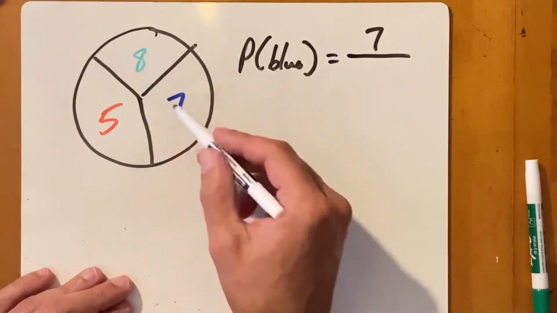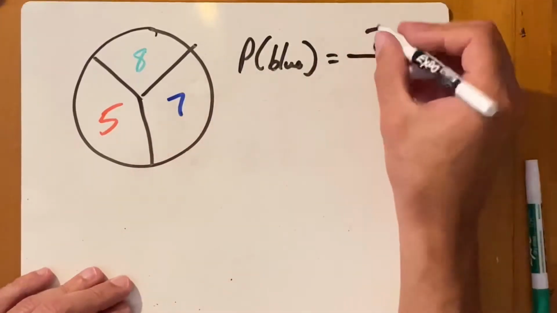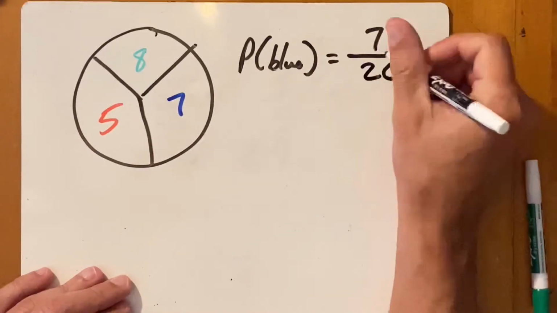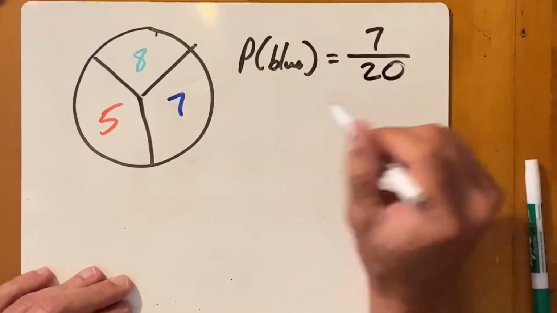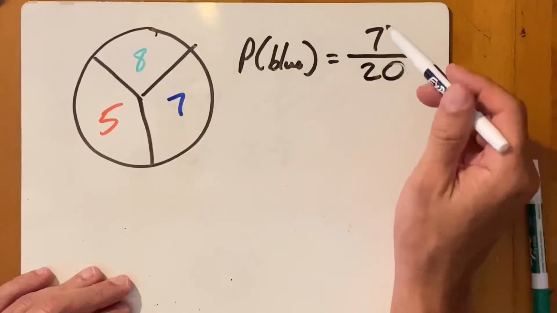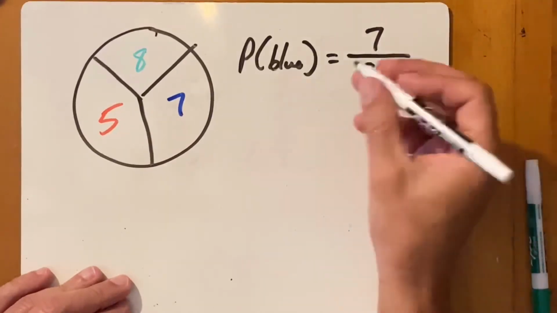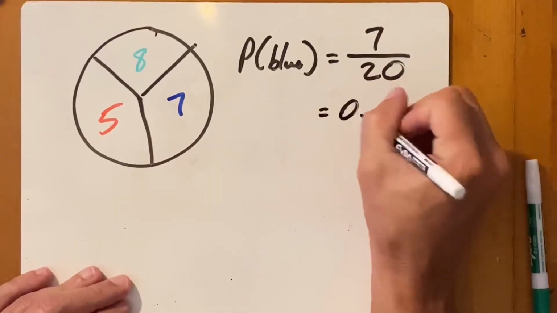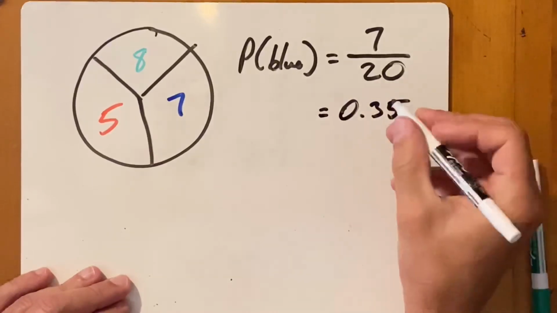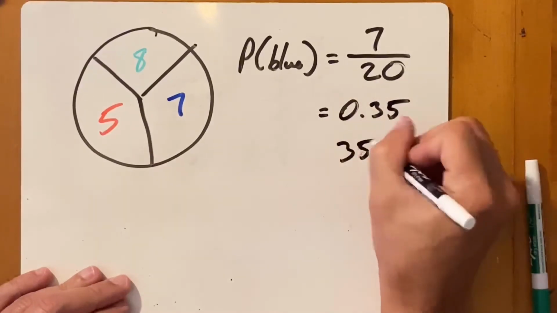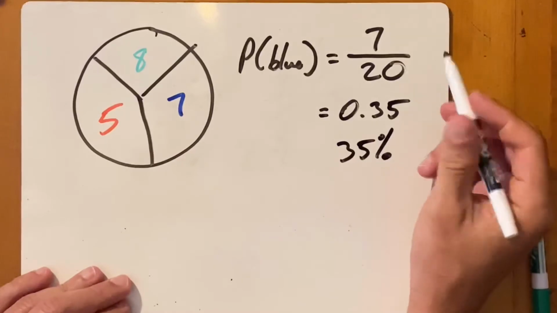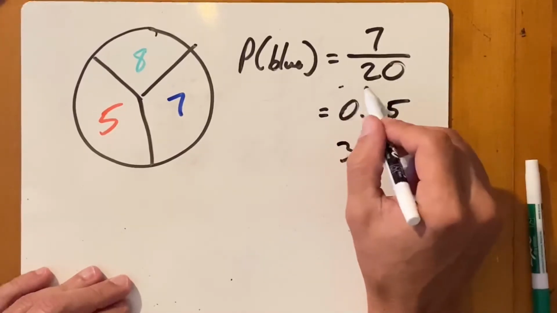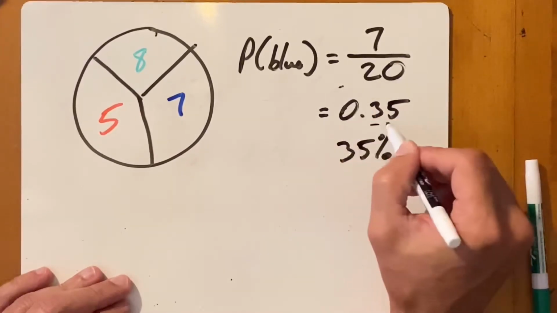We add all the trials up together and get a total of 20. So your probability of it landing on blue is 7/20, or you could simplify that to 0.35, which is about 35%. Your answer should be in either fraction form or decimal form.